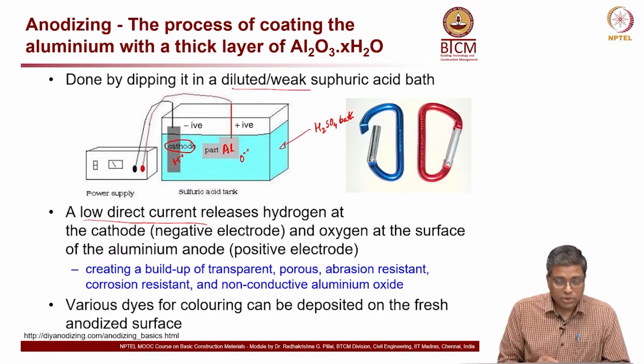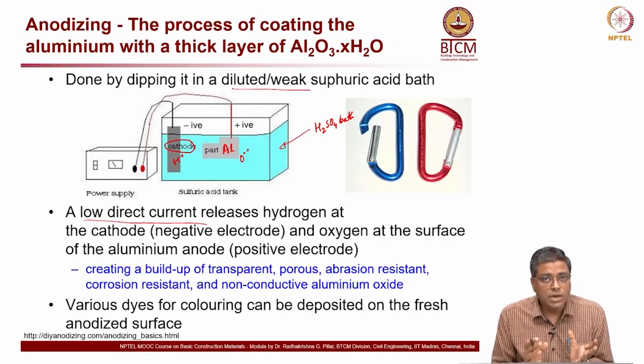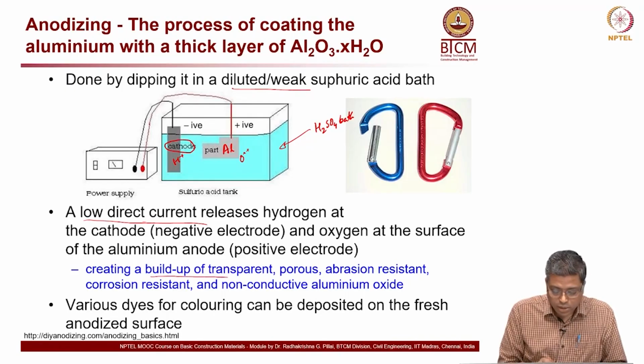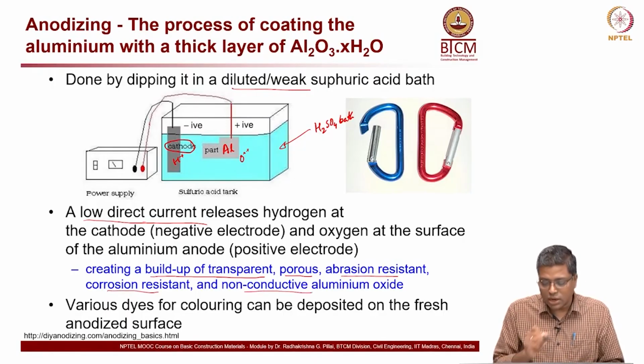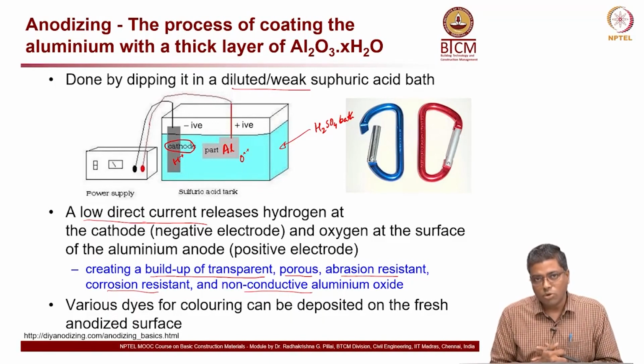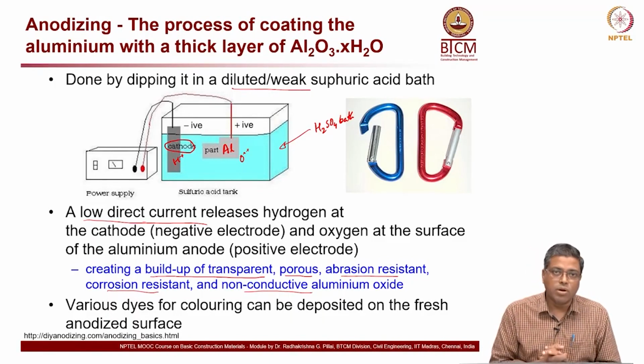So what happens eventually is the aluminum oxide is formed at the aluminum surface, creating a build-up of a transparent, porous, abrasion resistant, corrosion resistant and non-conductive aluminum oxide. So there are so many properties for this aluminum oxide. This is what we call anodized aluminum.